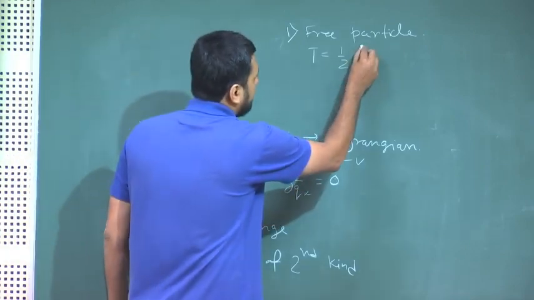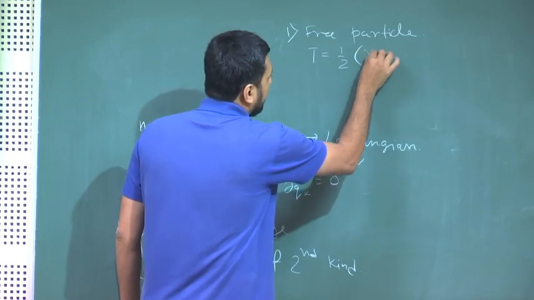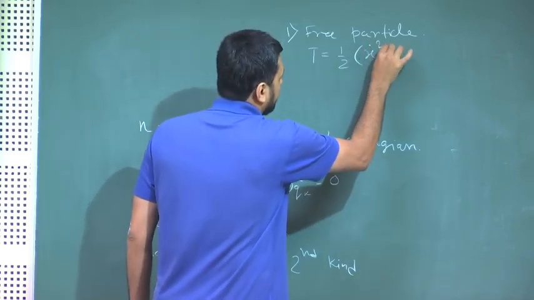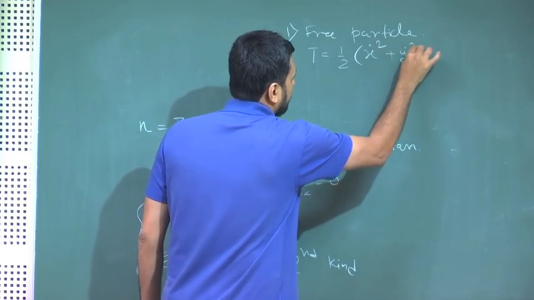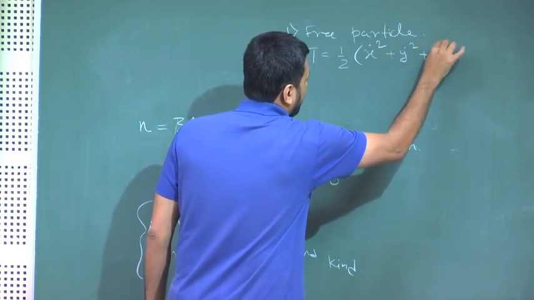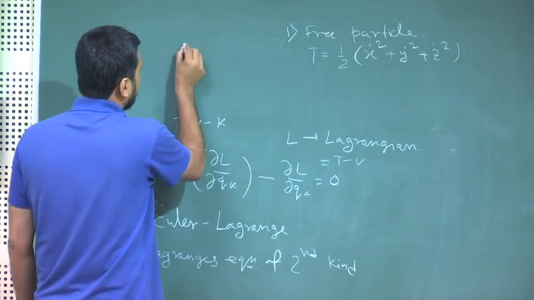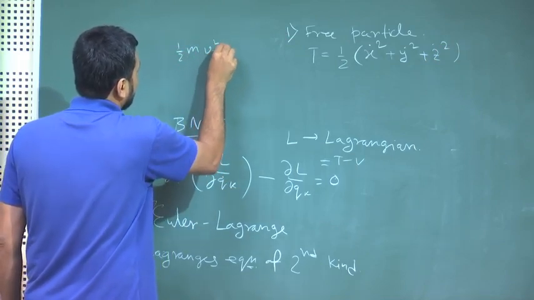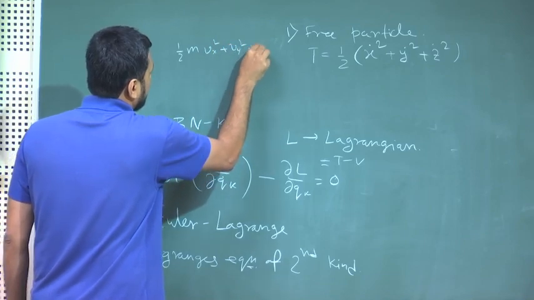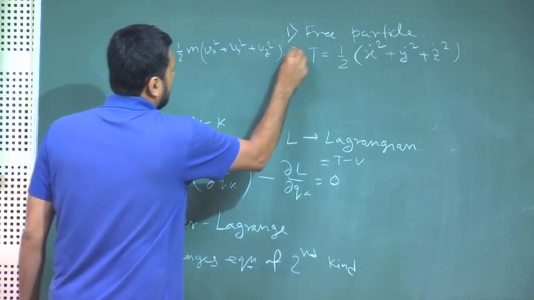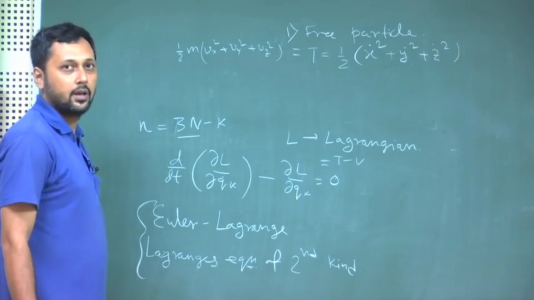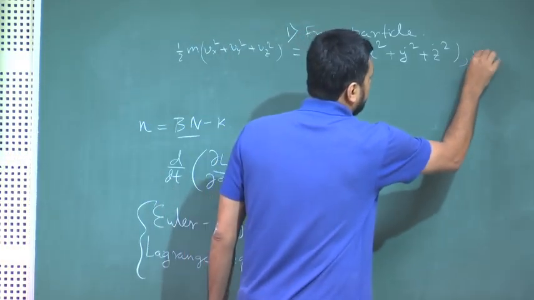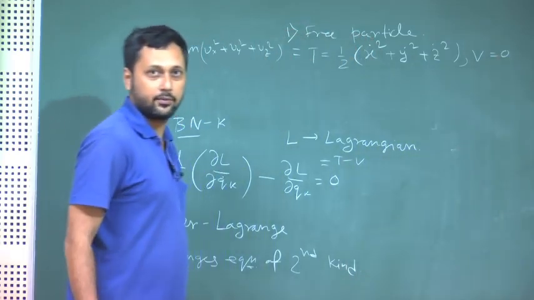So, if we take a free particle, it will be best if we take the x, y, z coordinate system. So, your kinetic energy is x dot square plus y dot square plus z dot square. I mean, frankly, kinetic energy is nothing but half m v square, and v is vx square plus vy square plus vz square, is it not, which is equal to this. And your potential energy V, I mean V as in the potential, is equal to 0 for a free particle, right.